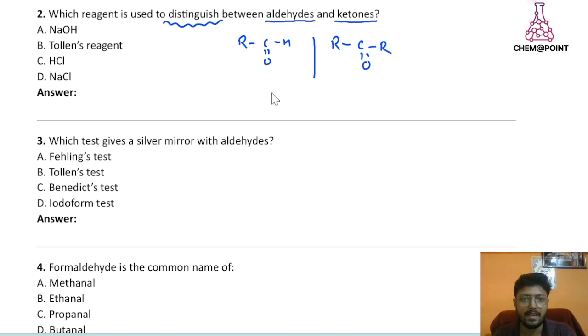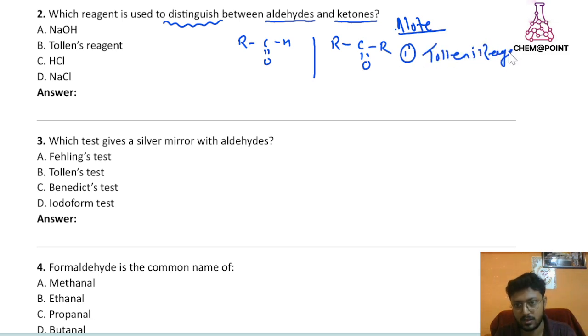Now by using the reagent, first of all, students keep in mind, note point number 1, Tollens reagent. The Tollens reagent distinguishes which one is aldehyde, which one is ketone. Tollens reagent is a mild oxidizing agent.